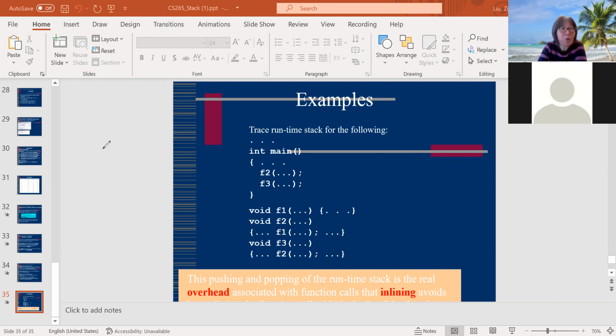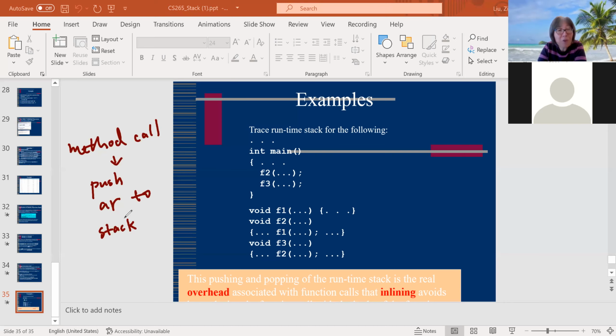If we take a close look, we will find that a method call involves pushing the activation record to the stack, and after you complete, you need to pop it out of the stack.